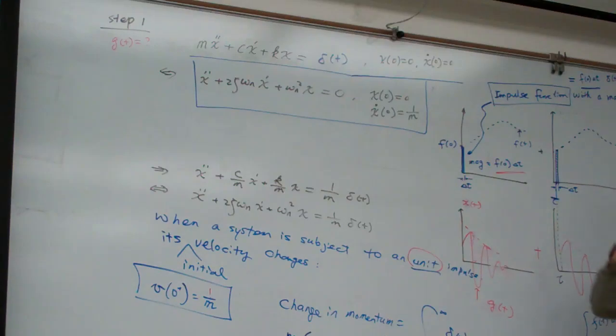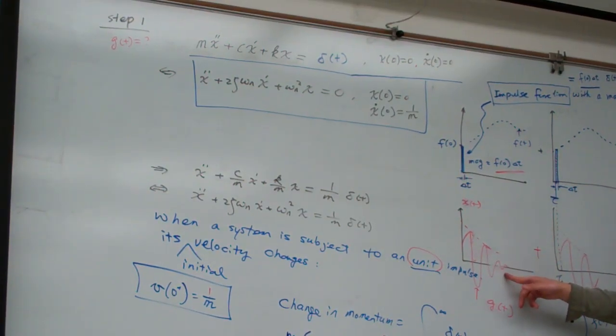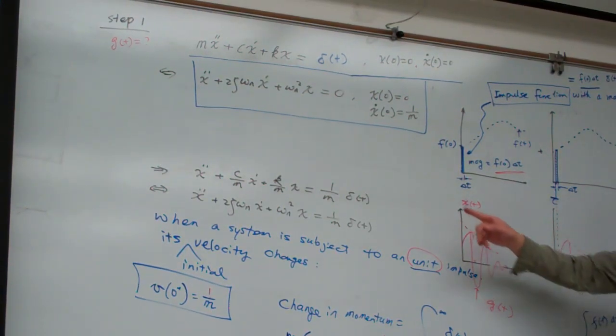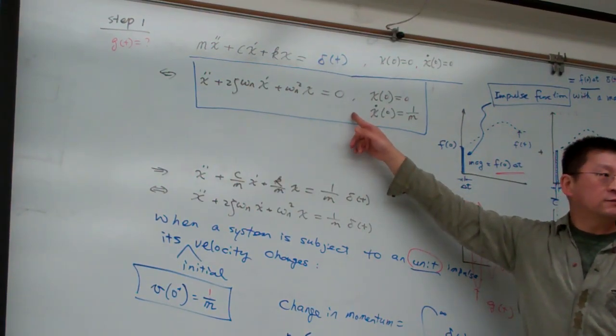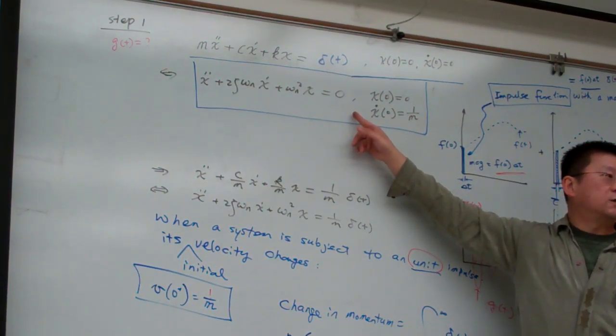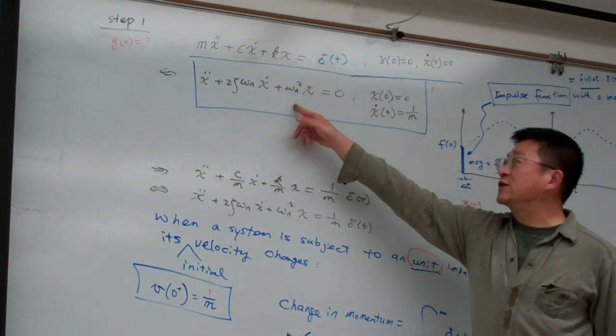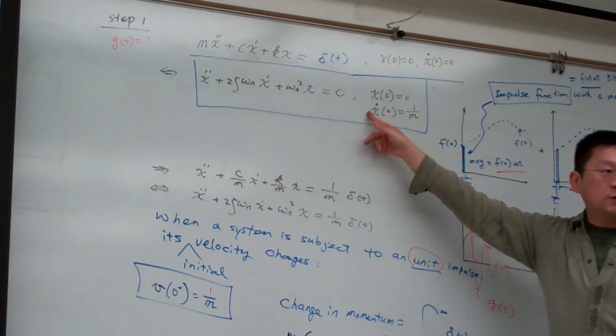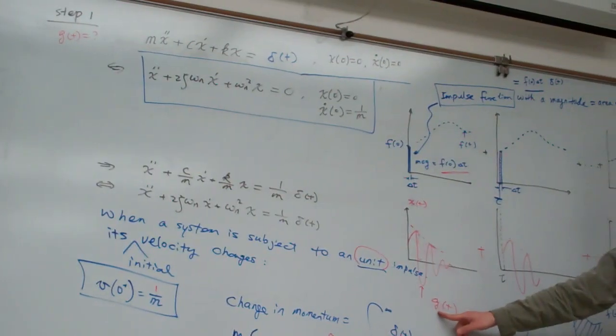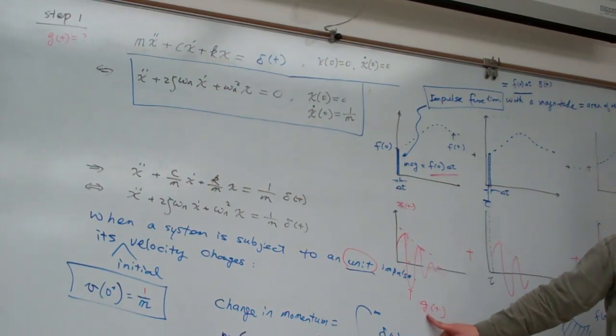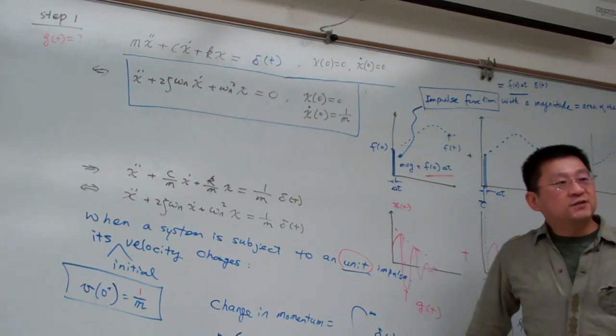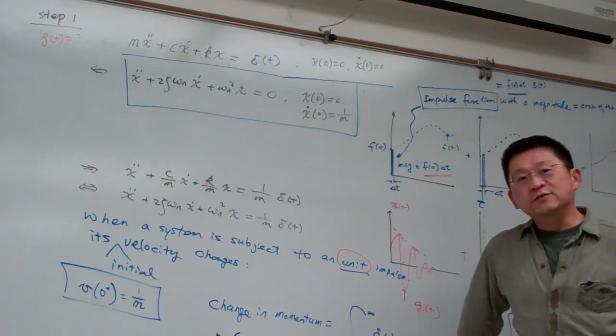Good. So really, we are going to solve for this problem. The response of the system with such initial conditions will give us g of t. I'd like to solicit any questions before I move on.